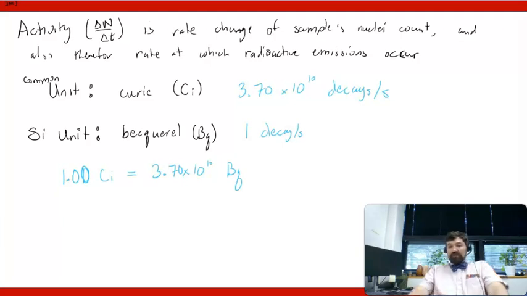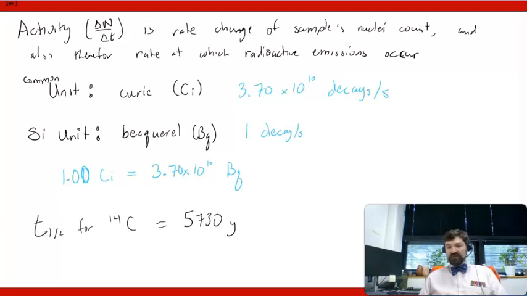For carbon-14, for example, the activity currently in the atmosphere is somewhere in the neighborhood of a little more than 1/4 of a becquerel per gram. Okay, so if you have a sample whose activity is 1/4 of this, then that means it's gone through 2 half-lives worth of decay. The half-life of carbon-14 is a bit over 5,700 years.